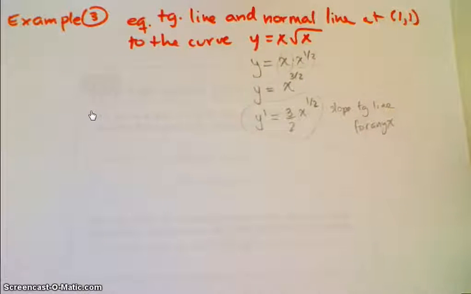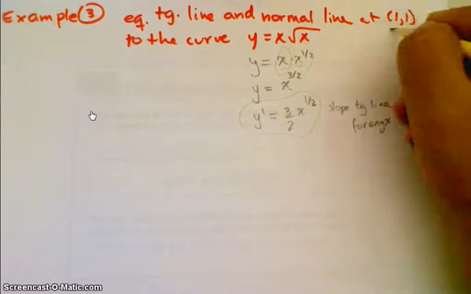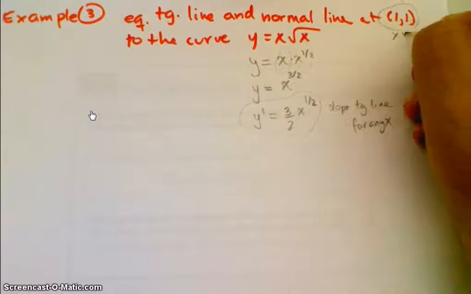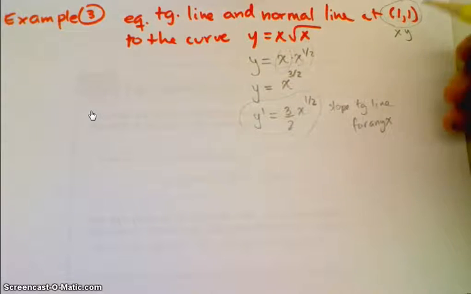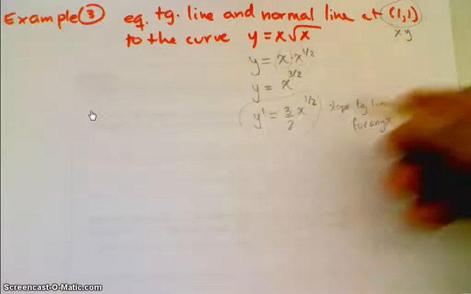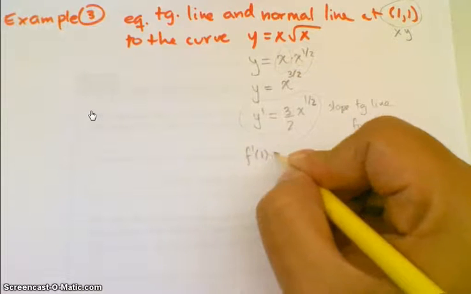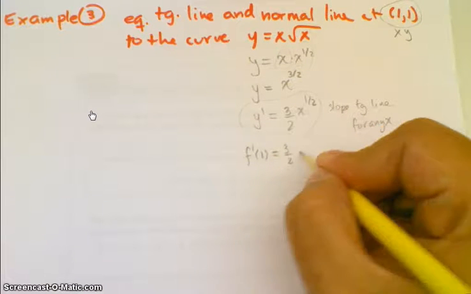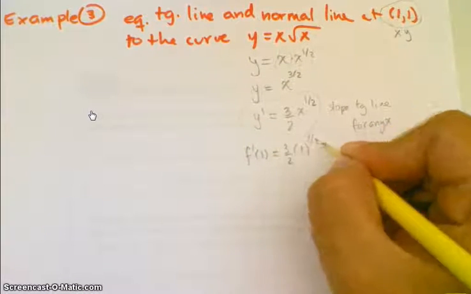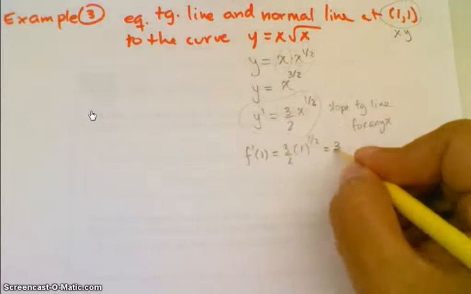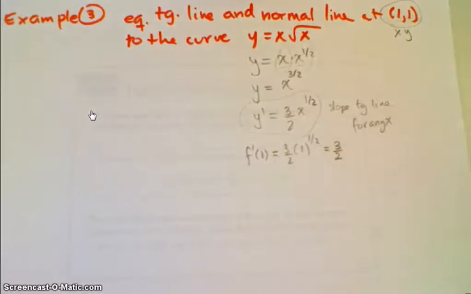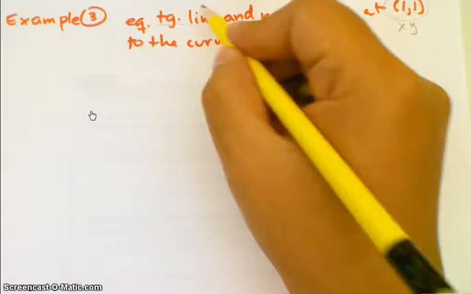So for what x are they asking me for? If they are giving me the point, the first number is the x, the second number is the y, so they are asking me for x equals 1. So f prime of x at 1 will be 3/2 of 1 to the 1/2, and that is just 3/2.